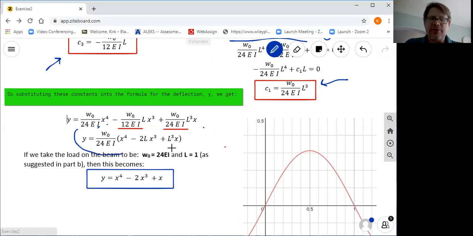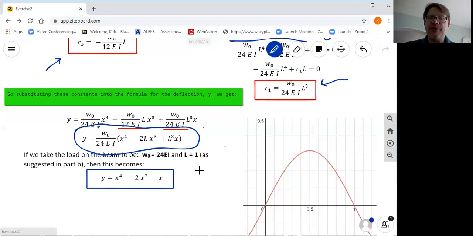If I factor out that fraction of the load constant divided by 24 EI, we've got this constant at the beginning, load constant divided by 24 EI times x to the 4th minus 2L times x cubed plus L cubed x. That's our solution function.